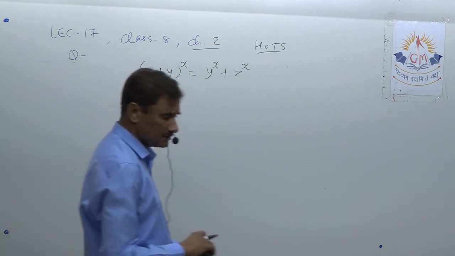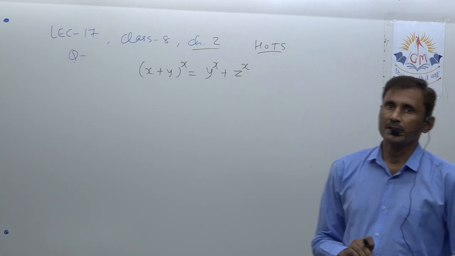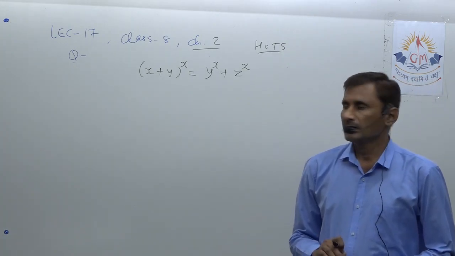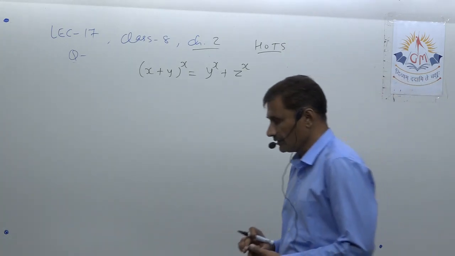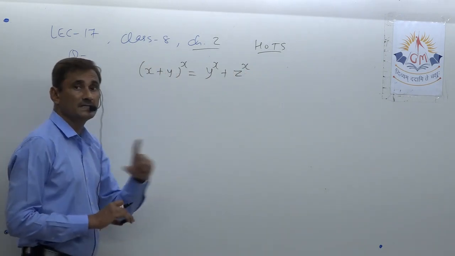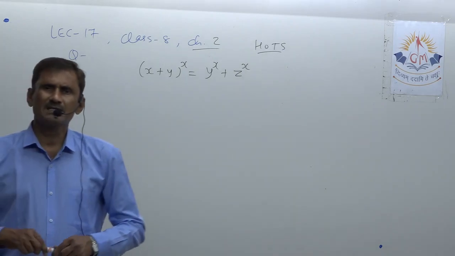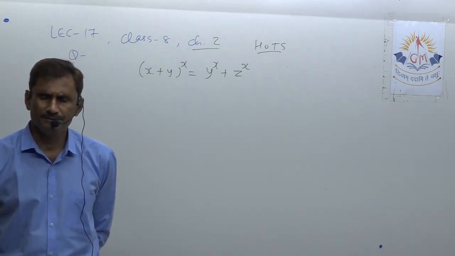No simplification, no calculation. Just by the trial and error method, you have to decide what the values of x, y and z should be so that both sides become equal. Take smaller numbers only.